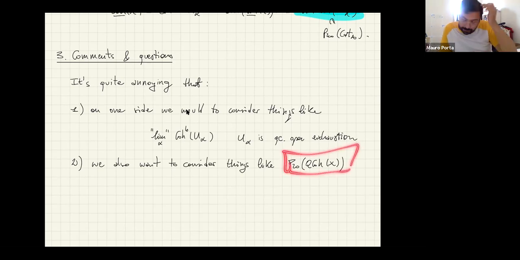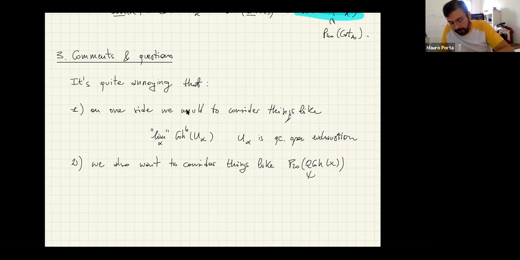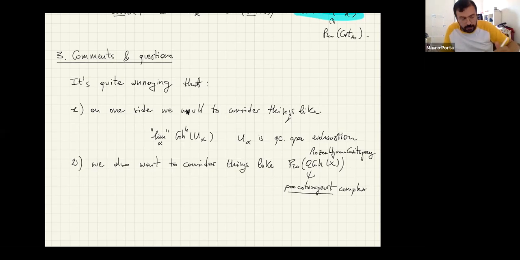But this is also a very interesting thing in algebraic geometry, especially to study deformation theory, because inside this thing lives the pro-cotangent complex, and we have a decent theory of this thing that has been developed by Rozenblyum and Gaitsgory. But, how to say, when I say that we want to consider things like this, I mean we would like to have a complete theory.